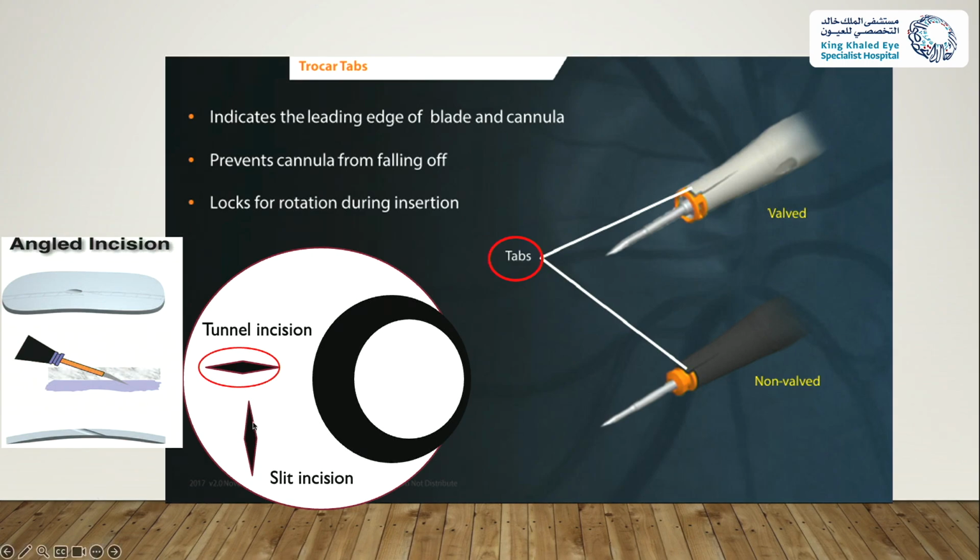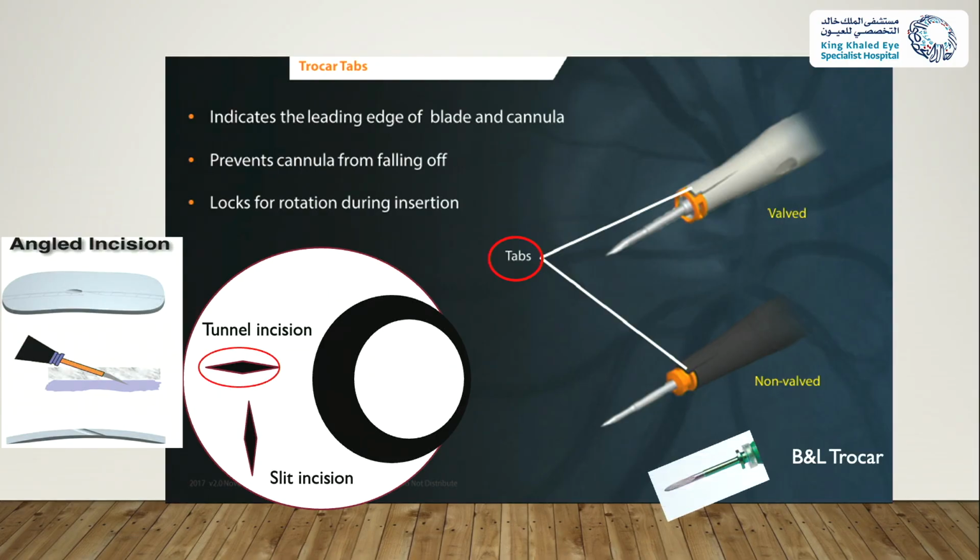If you rotate the blade in a circumferential way instead, it does not create a self-sealing incision because it doesn't have that lift of the sclera that helps to make the wound self-sealing.